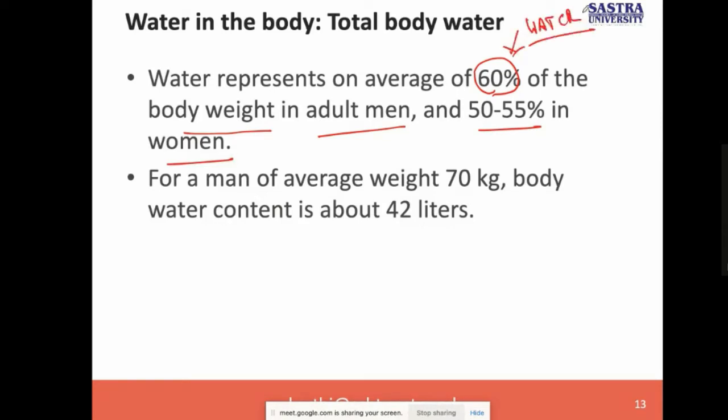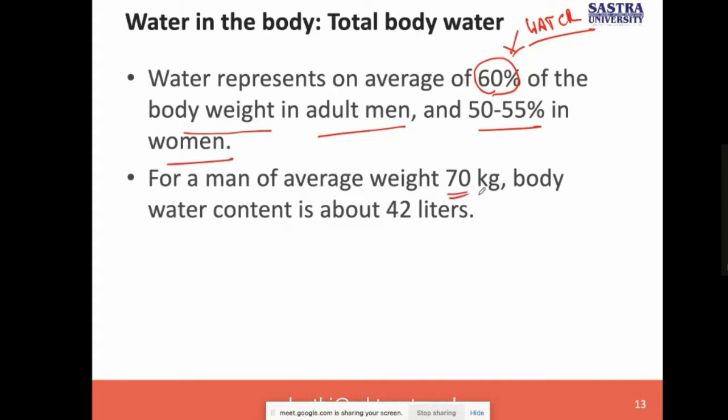Which means that we are mainly made up of water. 60% of my body weight is accounted for by the water content of my body. If I say I am 70 kg, then 60% of that 70 kg weight comes from the water that is present within the body. For women, it is 50 to 55 percent, right?